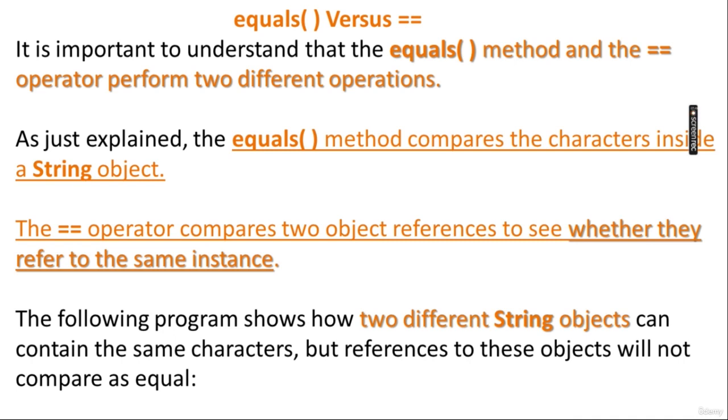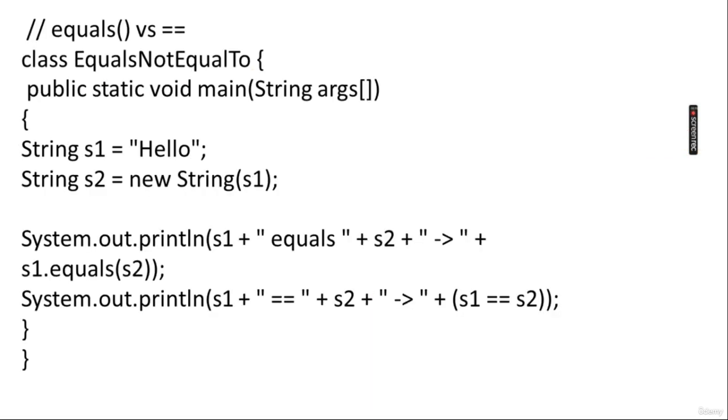The following program shows how two different string objects can contain the same characters, but references to these objects will not compare as equal. So we will see one example in which two different string objects contain the same character sequence, and the references are different. So == tells you whether they refer to the same instance, and equals compares the character sequence.